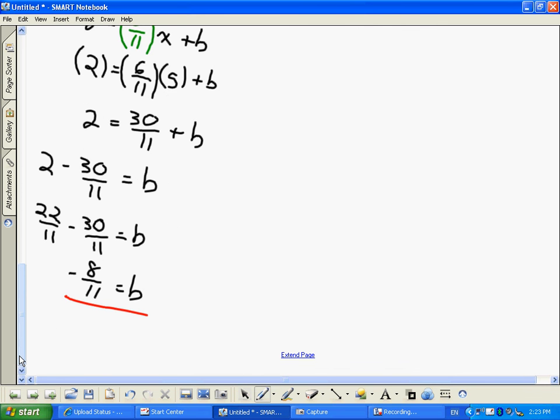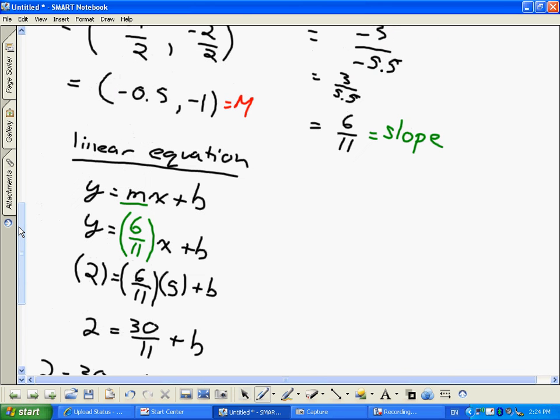So the final question asked for us to put the equation of the median. So our equation of the median is y equals mx plus b. Our slope is 6 over 11, so y equals 6 over 11x.